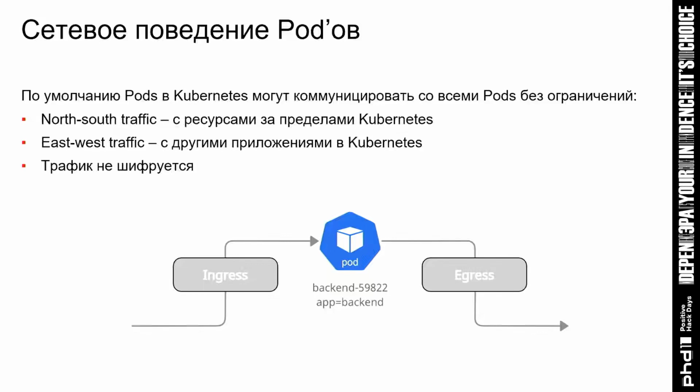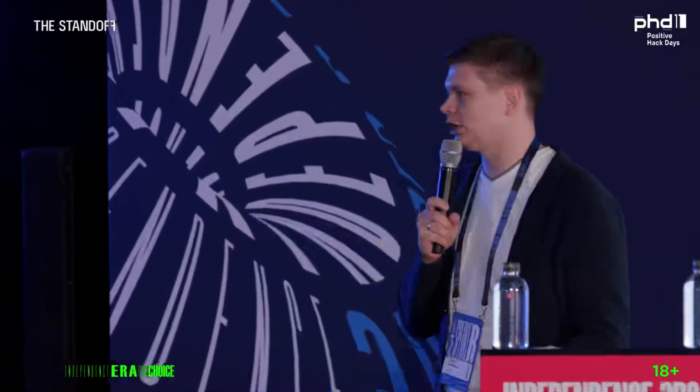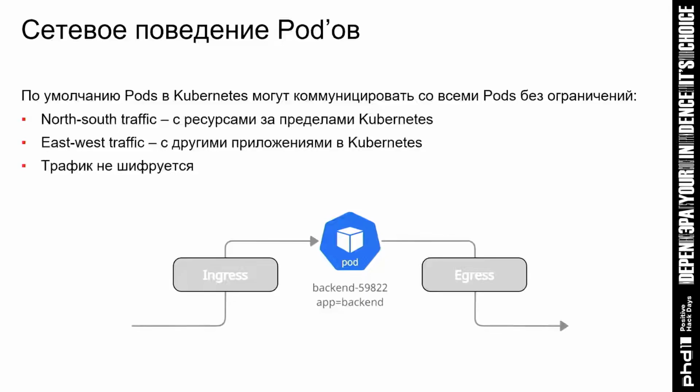So if an adversary compromises a particular pod and gets into this container, he can scan the whole network and get access to the whole network. In certain cases, in one cluster, you may have several environments: dev, test, stage, prod, and in your production you have card data, user data, and all that.